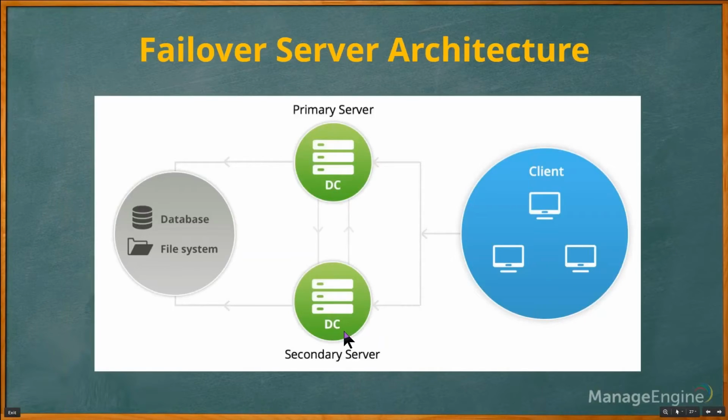You can have a primary server and a secondary server installed in two different locations, and you can keep them in sync. You can keep the database separately. Right now, for the failover server, we support MS SQL database, so you have to use MS SQL database for the failover server in case you are going to have one. So when one server fails, the other one takes care of the system.